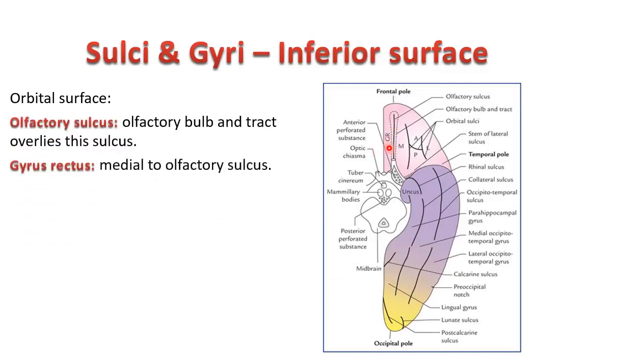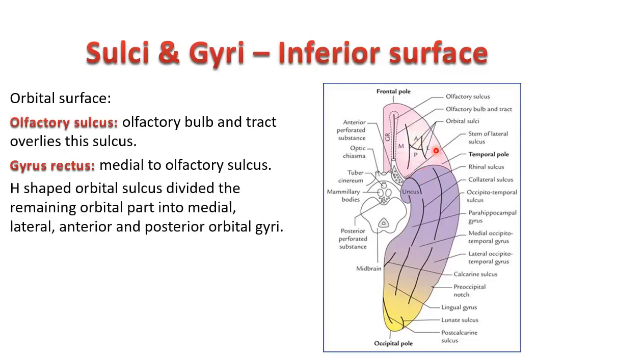So the gyrus rectus lies immediately medial to the olfactory sulcus. Then the remaining part of the orbital surface is divided by an H-shaped orbital sulcus into four: anterior, posterior, medial and lateral orbital gyri.